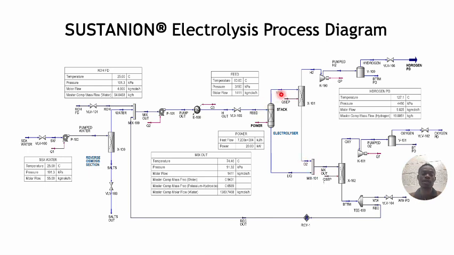Now, the processed gas goes further into a column separator and is separated into hydrogen gas and oxygen gas. The hydrogen gas is then compressed and pumped and prepared for storage.